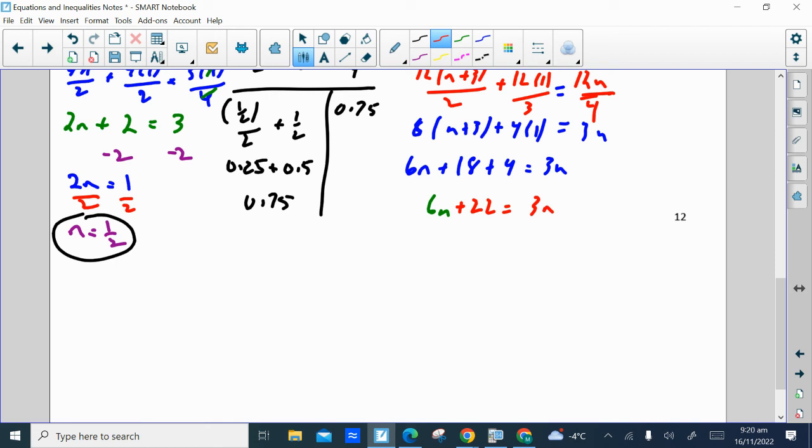And in this case, I am going to subtract the 6n from both sides. It is going to give me a negative on the right, but that's okay. It's just going to save me a step. So on the left, the 6n's cancel. You're left with positive 22 on the left. On the right, 3 take away 6 is negative 3n. And now we will divide both sides by the negative 3.